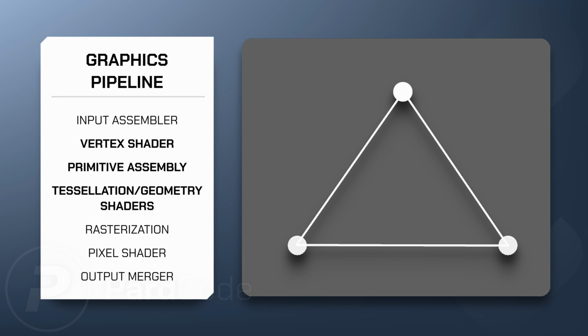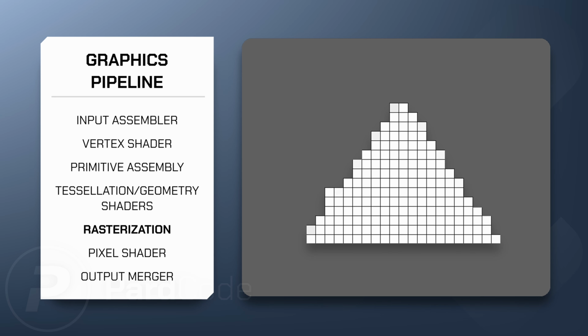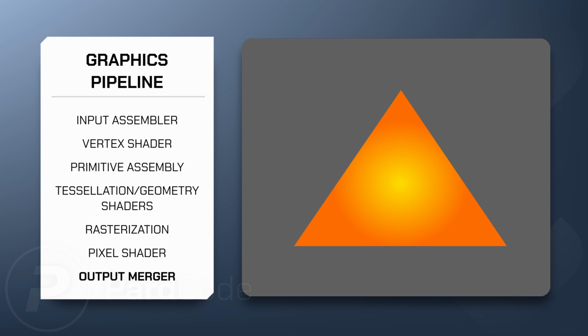The geometric shape is then rasterized into a 2D image made up of pixels in the rasterization stage. One important note here: before rasterization can take place, we need to set the viewport. The viewport defines the area of the screen where the final image will be drawn. Finally, the pixel shader is executed, which calculates the final color of each pixel.